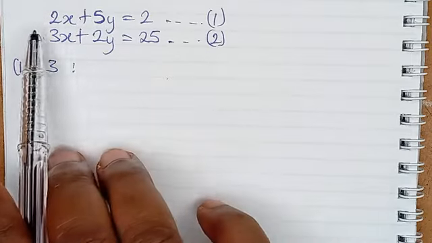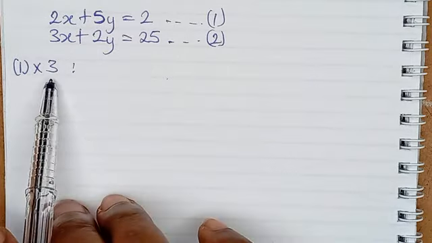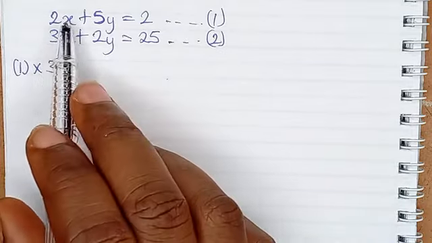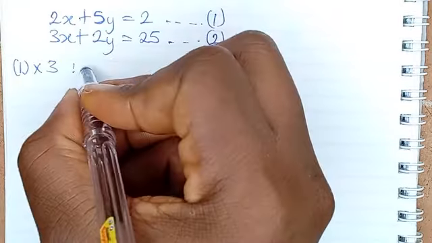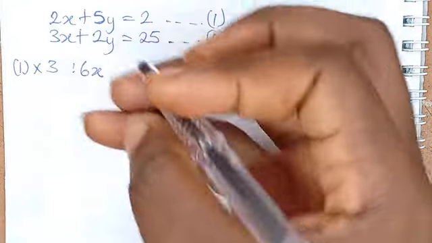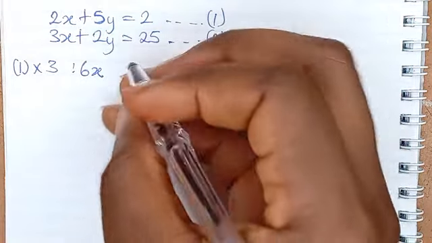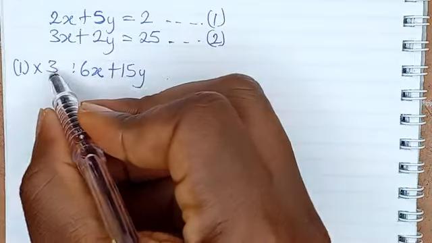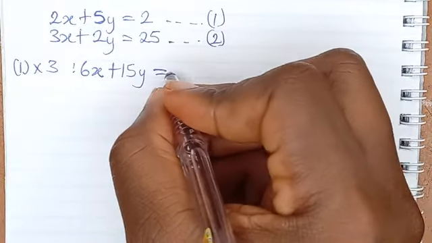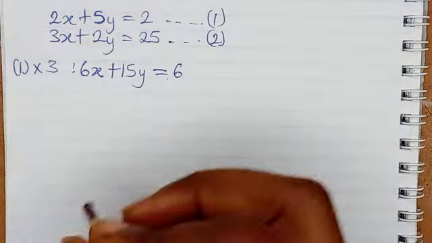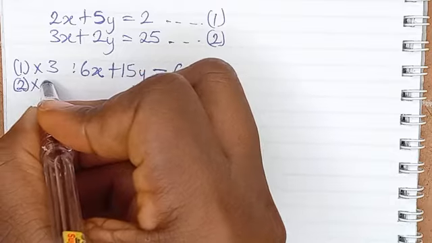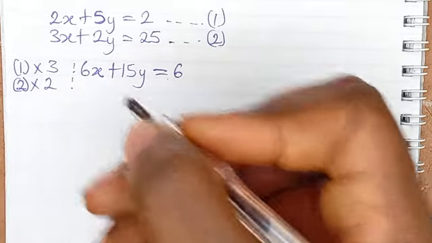Okay, since I love working with smaller numbers, now we are going to say equation 1 multiplied by 3. So we are going to multiply everything in equation 1 by 3. So let's start. 3 times 2x is 6x. 3 times plus 5y is plus 15y. 3 times 2, that's equal to 6. So, the second equation, that's equation 2, we are going to multiply it by 2.